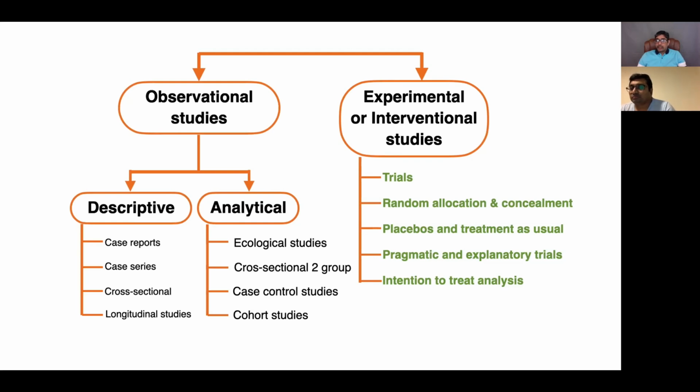After that, you roll into the public domain, into health practice, as pragmatic or explanatory trials. After rolling out into the public domain, you may start doing analysis of the data. If you have any missing data, you still do the analysis as if they were still there in the study, which is called intention to treat analysis.